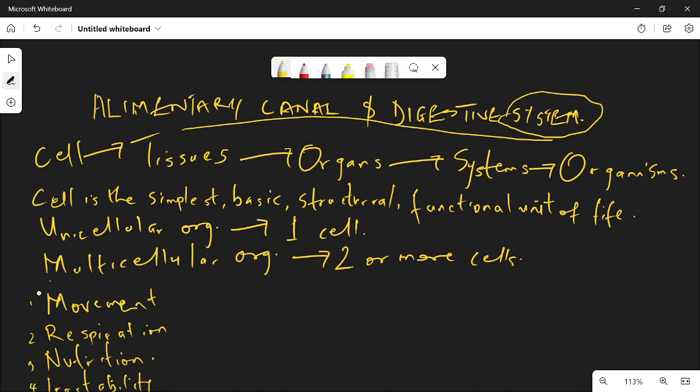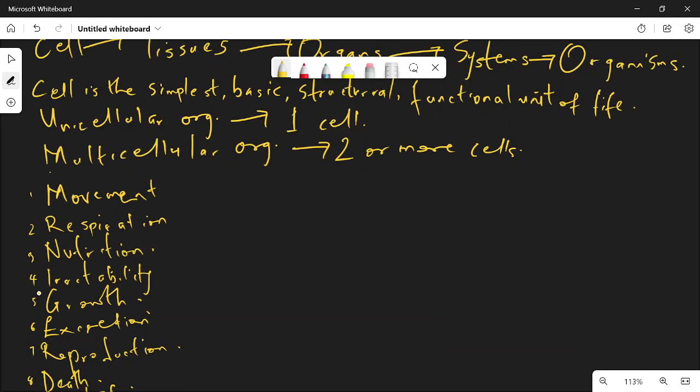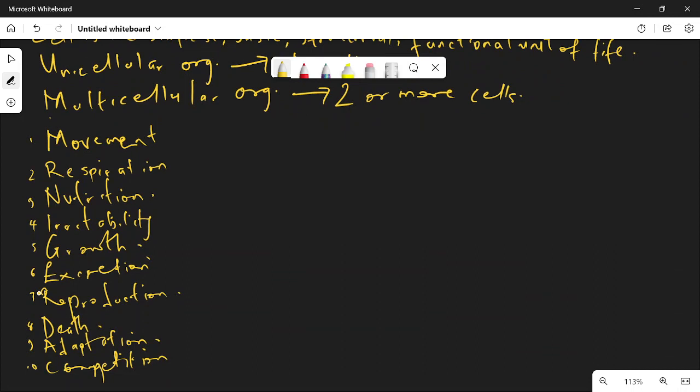In the unicellular organism, that single cell will carry out all these characteristics: movement, respiration, nutrition, irritability, growth, excretion, reproduction, death, adaptation, and competition. But in the multicellular organism, a specific cell is assigned to carry out a specific characteristic.